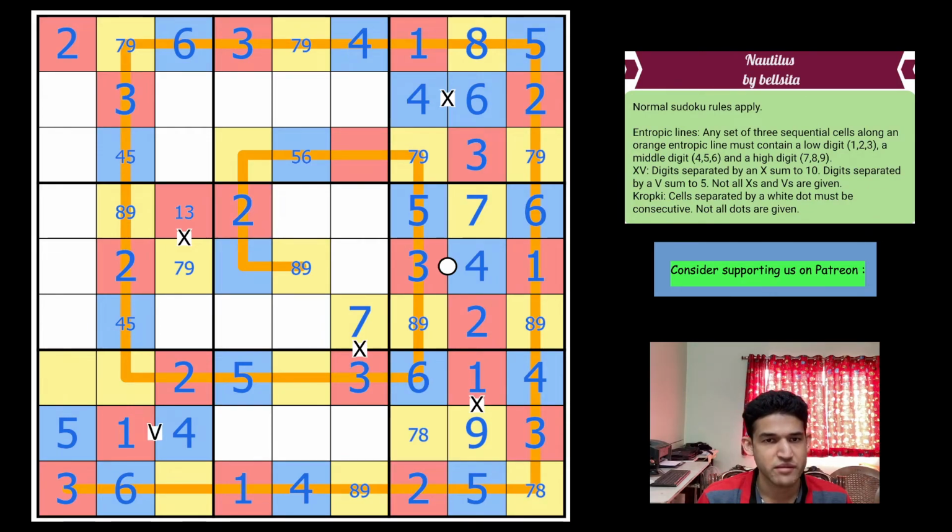Okay, you have a 7, 9 pair in yellow, so that must be 8. And this is 4 or 6, you can't have 5 there, and 4 is also eliminated, so that's a 6. So you must have 4, 7, 9 here.